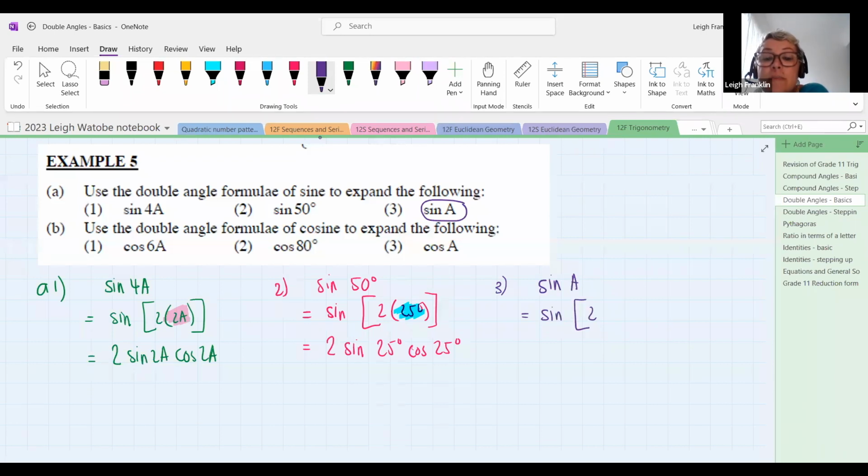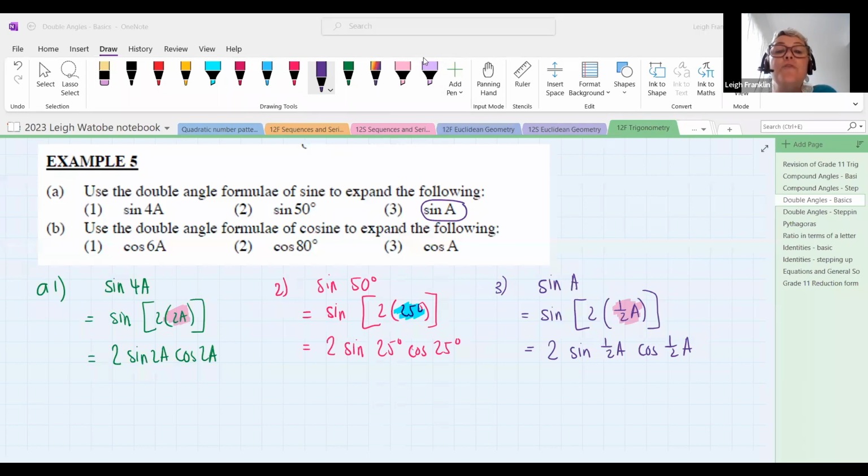It's 2 times something, and as Zintle said, it's going to be 2 times a half, which gives us 1. So again, I'm emphasizing to you now, your angle is half A. So now when you do the expansion, you're going to end up with 2 sine half A cos half A.